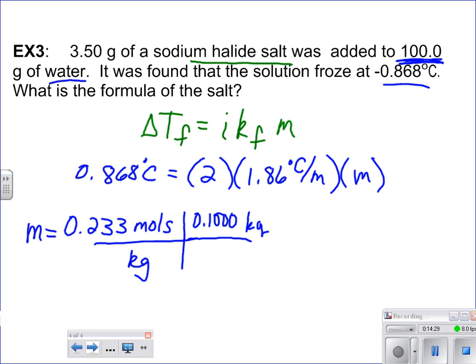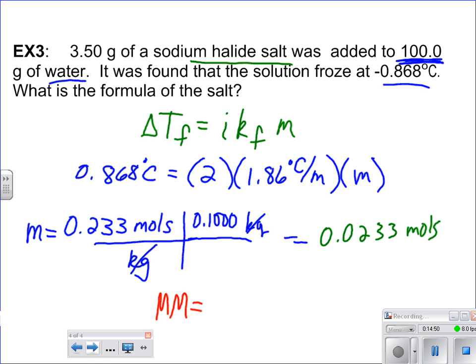Don't just move it 2 places, move that decimal 3 places. So I'm still seeing quite a few people miss that. So we've got it now as our moles, and that's going to equal 0.0233 moles.